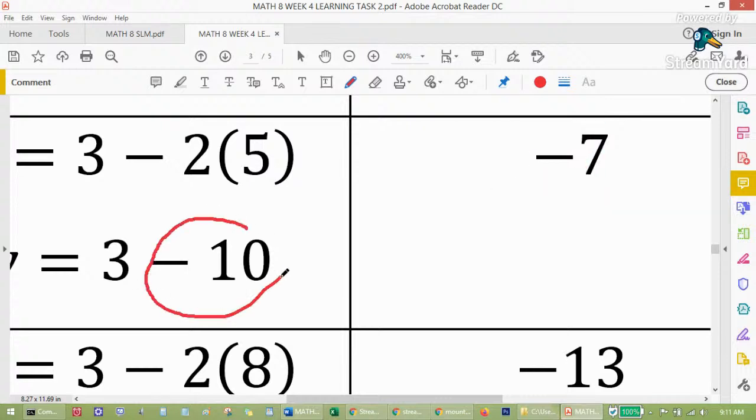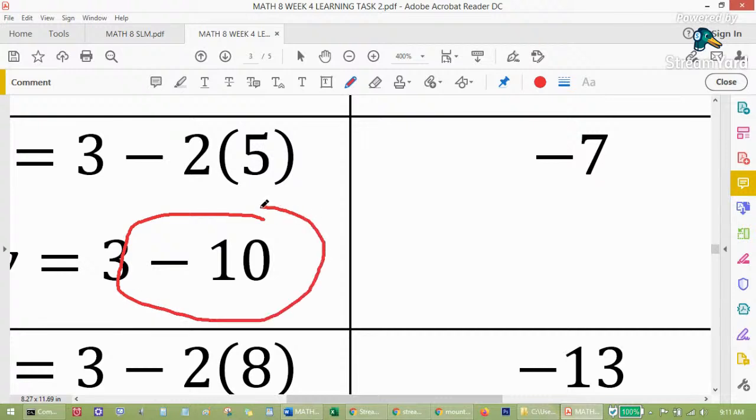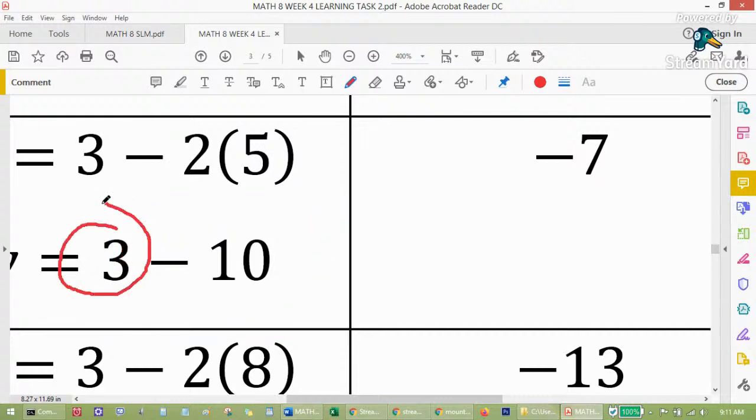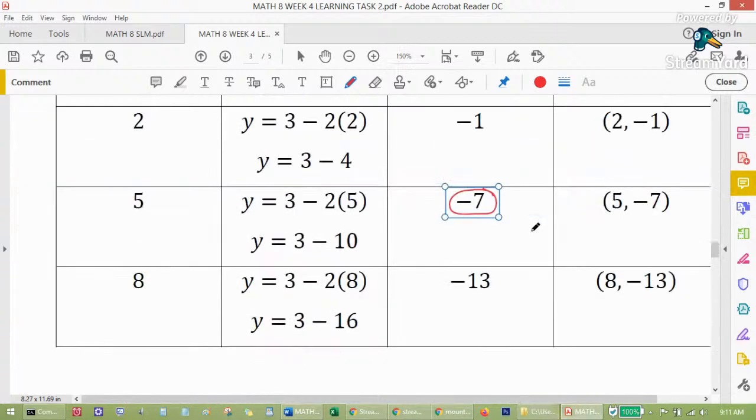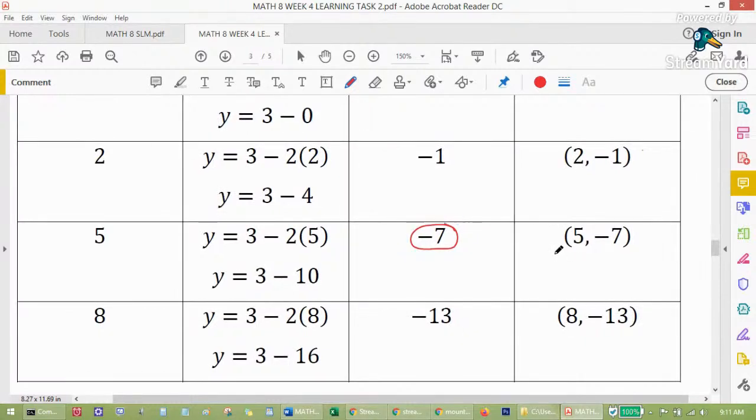Because mas marami yung mga negative. So, binawasan lang natin ng tatlo yung 10 negative. Therefore, merong natirang 7 negative. So, ang solution natin dyan is x is 5 and y is negative 7.